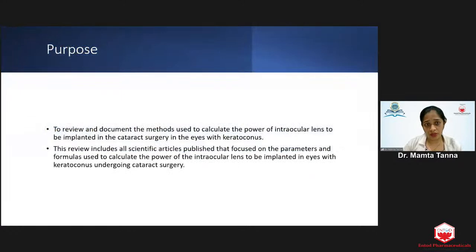The purpose, as we all do cataract surgeries in keratoconus eyes, is to review and document the method used to calculate the power of the intraocular lens which we implant in these surgeries. This review includes all the scientific articles published that focused on parameters and formulas used to calculate this IOL power.